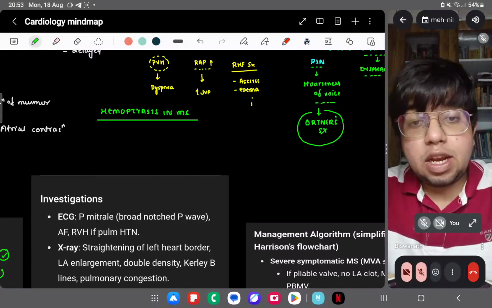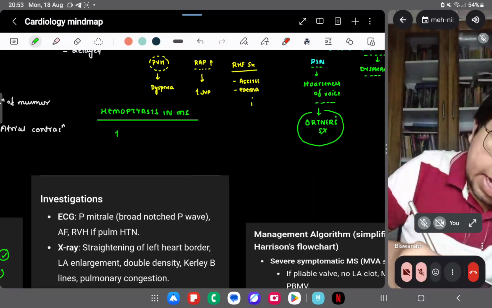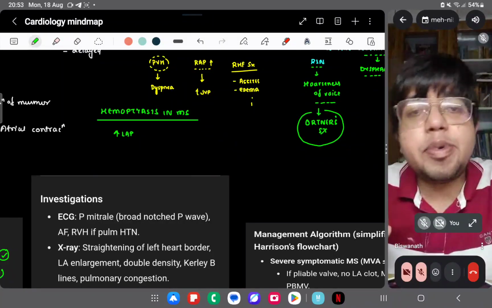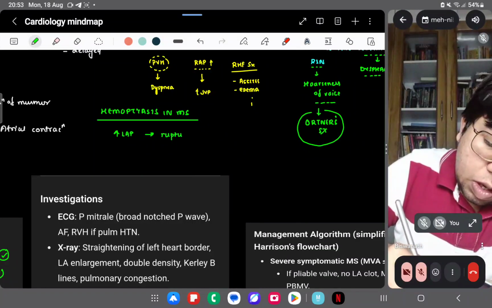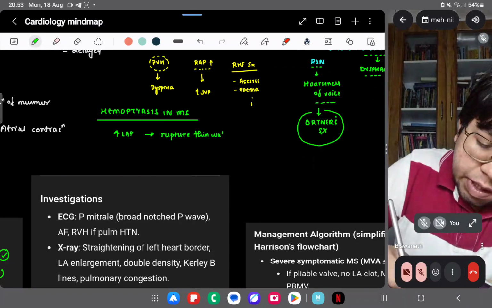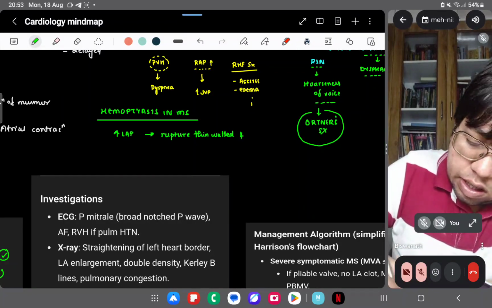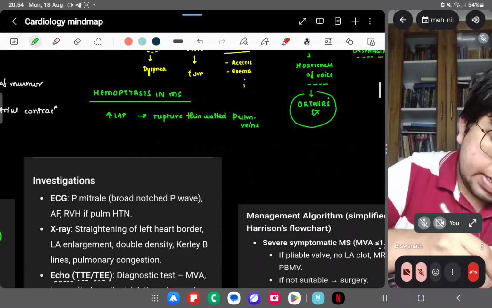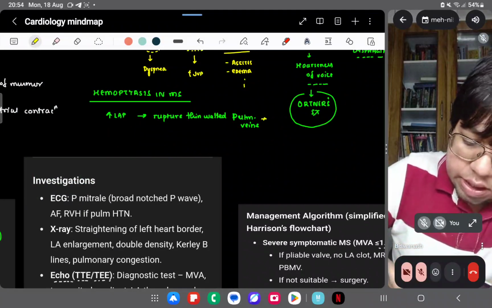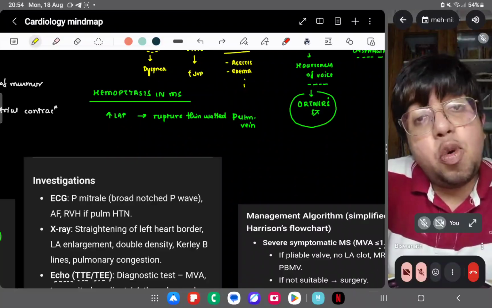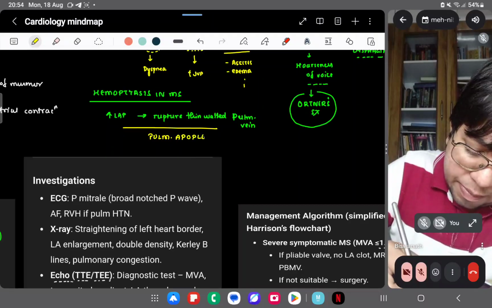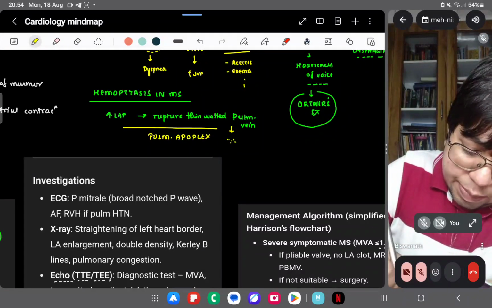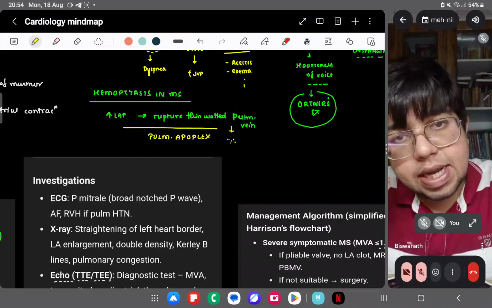If the left atrial pressure is very high, it will rupture the thin-walled pulmonary veins, the bronchial veins, and this condition is called pulmonary apoplexy. There is bleeding, and this bleeding is called hemoptysis, that is blood-tinged sputum.